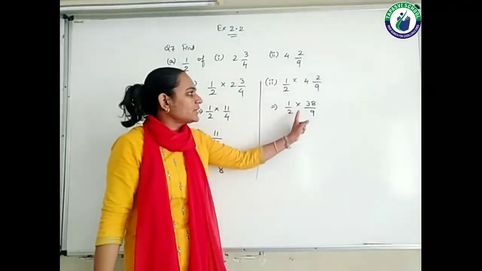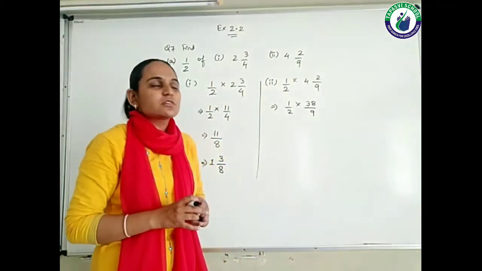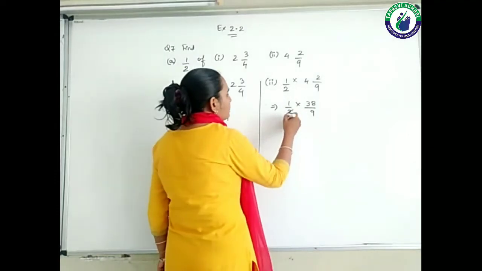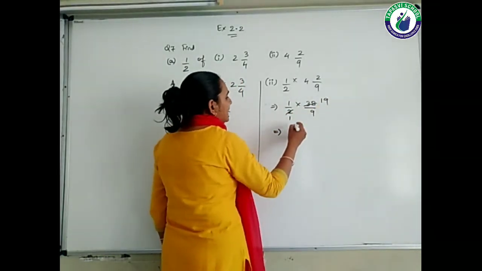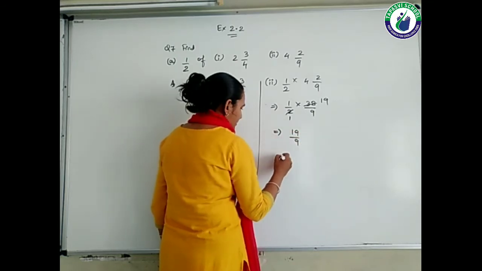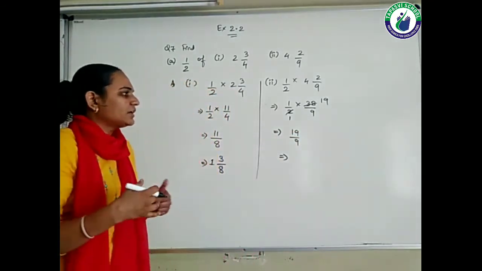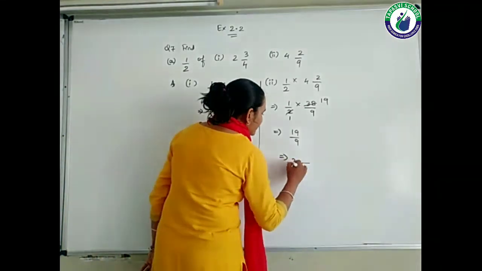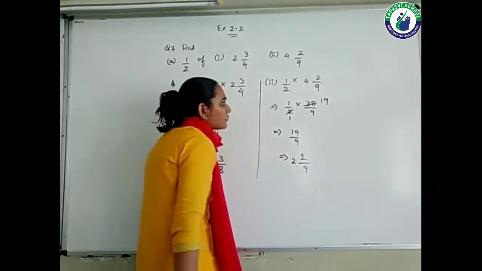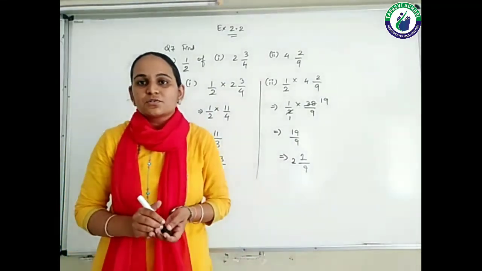Students, if you wish, you can cut 2 and 38 so that you can reduce down your working. So 2 1s are and 2 19s are, right? So 19 upon 9. It's an improper fraction, so again you can convert it into a mixed fraction. So 9 2s are 18, 2 9s are 18 plus 1, right? I hope, students, you understood this much.